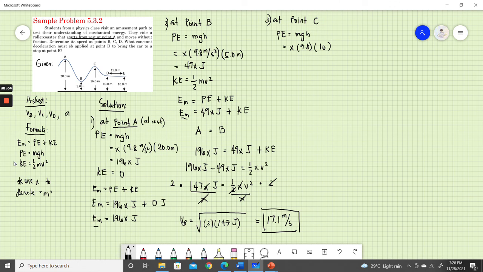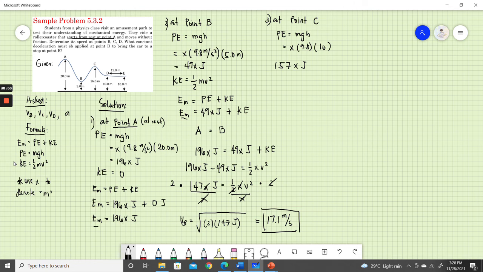Let me just look at my notes, 9.8 times 16, that's basically 156.8x, or basically 157x joules for your PE.